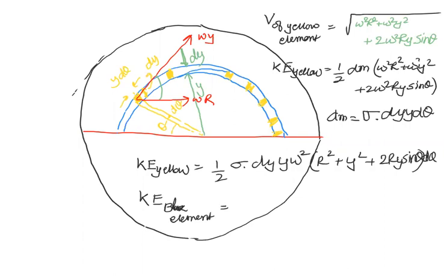Sir, first with respect to theta we will integrate, then y. Because we have ensured that in this whole expression, y and this dy are constant. When we integrate theta, they are inconsequential. Right? So the kinetic energy of the blue element will be equal to half sigma y dy omega square integral of r square plus y square plus so on, d theta.